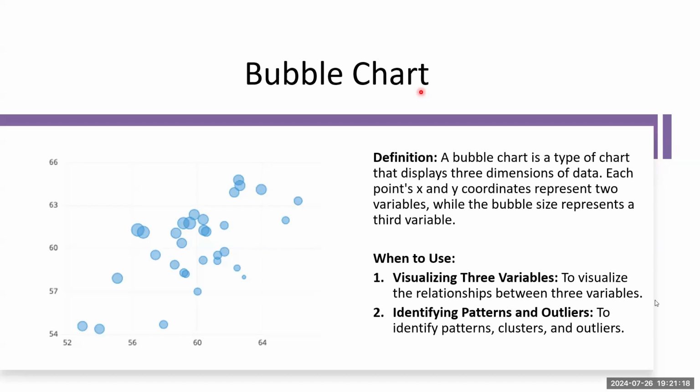So the difference between this one and the scatter plot is the number of variables whose relationships you are trying to look at. We can use, for example, a bubble chart showing the relationship between budget, sales, and customer satisfaction, with the bubble size representing maybe the satisfaction score of the customer.